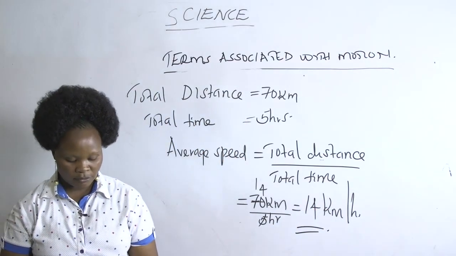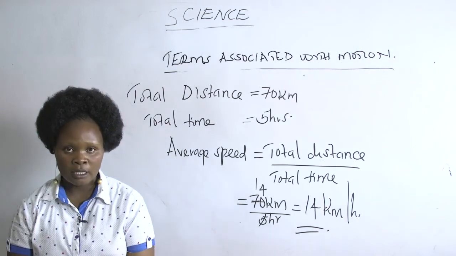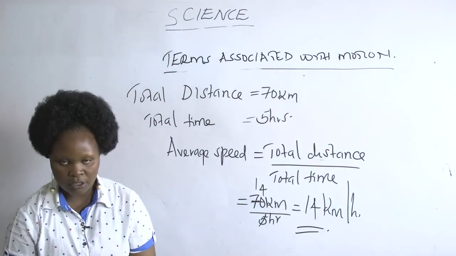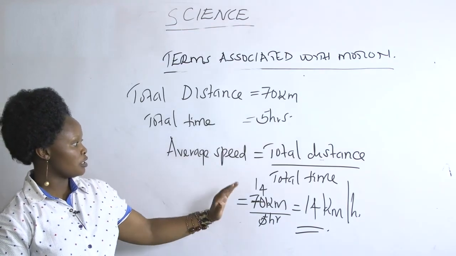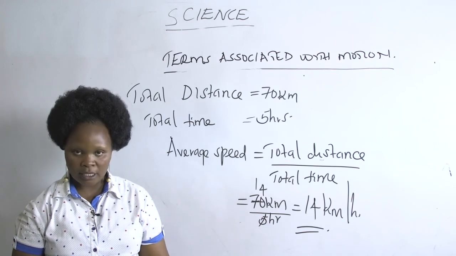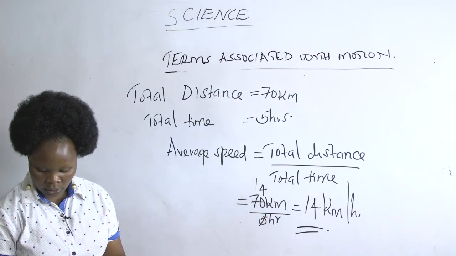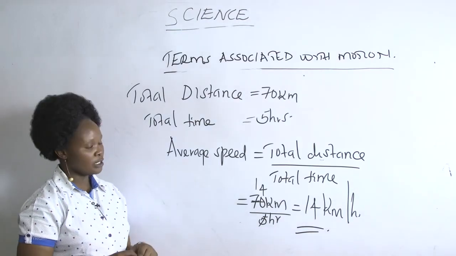So basically, we have been able to look at the terms that we associate with linear motion, and we have been able to calculate each one of the quantities as well as classify them as either vector or scalar quantities.